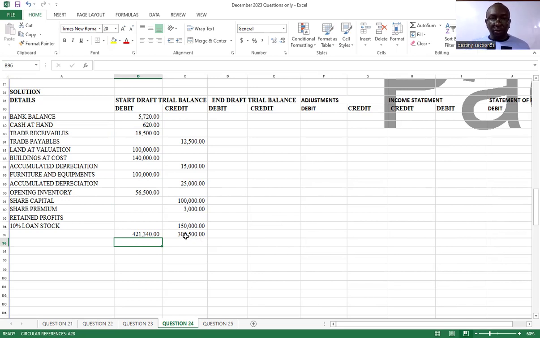So what we are going to do, we will come here because this is not the end. That was just a working, let us undo that and we undo this. But now we know that that is the balancing figure. So how do we get that?